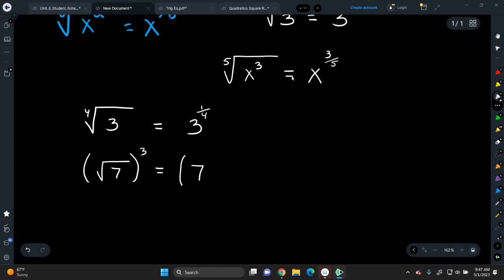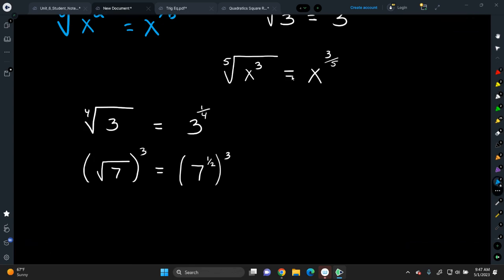7 to the power of 1/2. Square roots are always 1/2, unless there's an exponent inside there. Okay, but plain old square roots are always 1/2. Okay, to the power of 3. Who remembers what we do when we have an exponent outside the parenthesis?